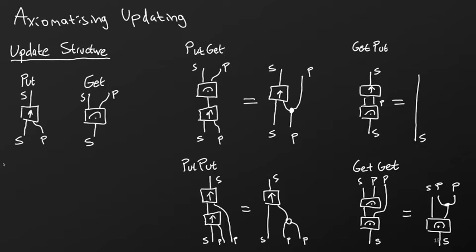Now, I should stress that I've been using the words mixing and copying here to describe these maps that I've drawn like spiders. We actually don't make this assumption, in that we don't assume that they are full spiders and therefore that they're special commutative dagger-Frobenius algebras. In general, we just allow these to be any maps.